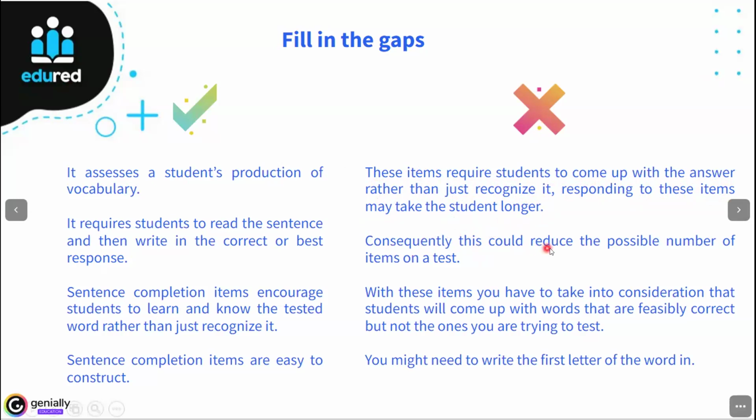Consequently, this could reduce the possible number of items on a test. With these items, you have to take into consideration that the students will come up with words that are feasible, correct, but not the ones you are trying to test. You might need to write the first letter of the word in.